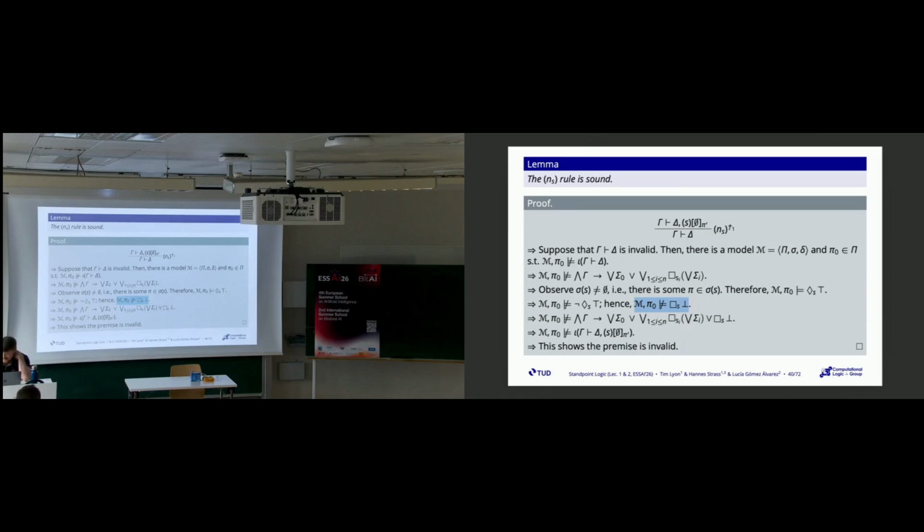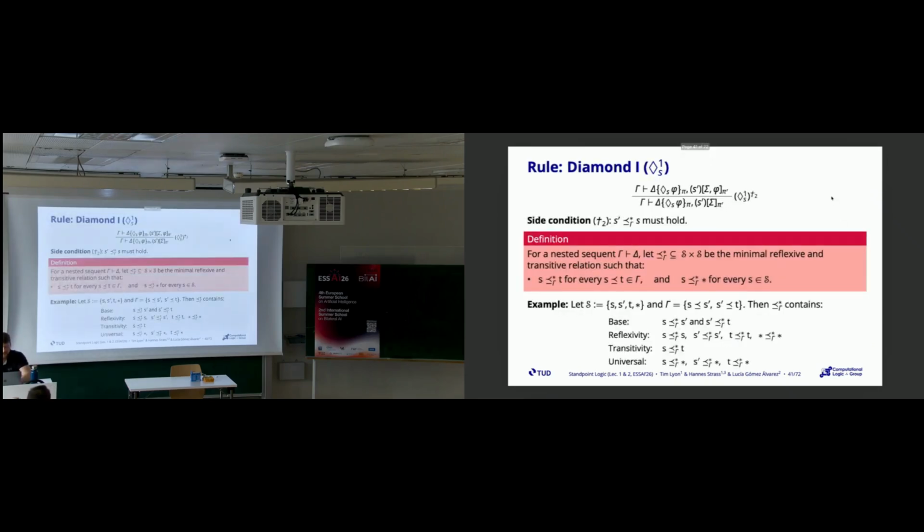Now, since this is falsified in m at pi naught, we are free to put it into the conclusion of this implication, and it will keep the implication false if we do that, right? Because an implication is false when its antecedent is true and everything in its consequent is false. Now, this formula serves as the formula interpretation of the premise, where box S falsum is what we get when we transform this nesting into a formula, and therefore we have established that the premise is invalid. So this is likewise a sound rule in our nested sequent calculus.